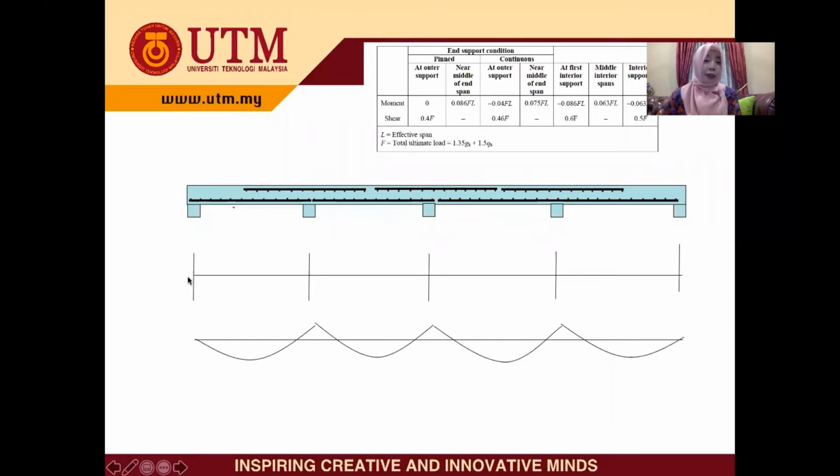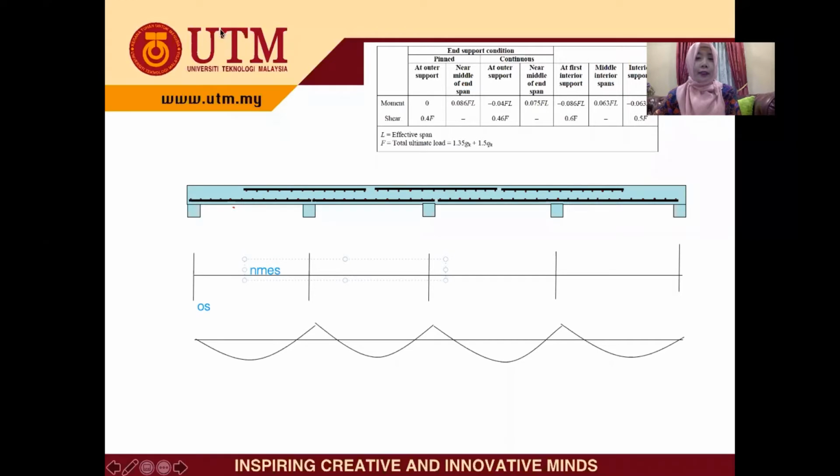So this is the outer support, OS. Near middle of end span, here. Near middle of end span, NMES.